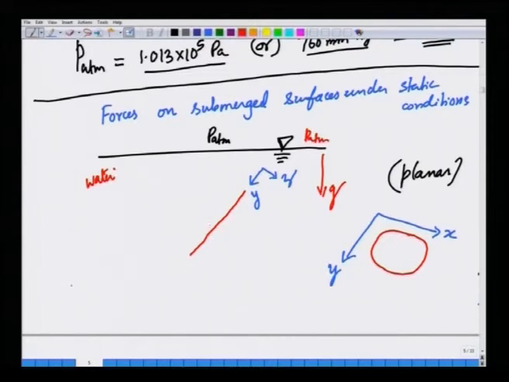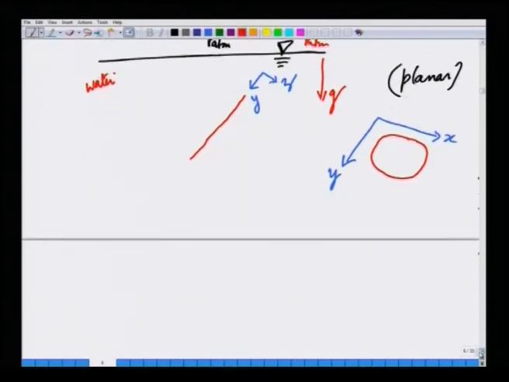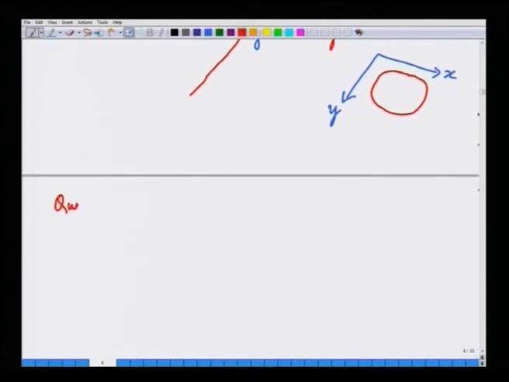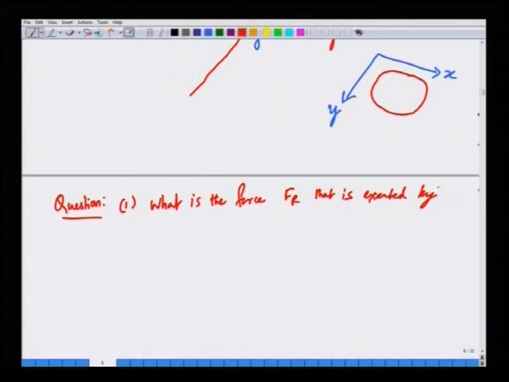So, the question we want to answer is, what is the force F r that is exerted by the fluid?